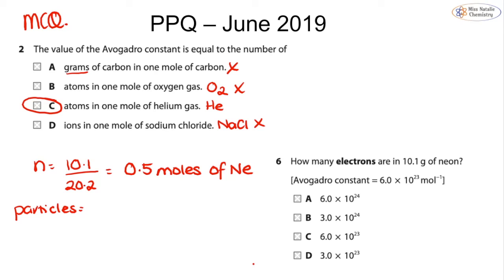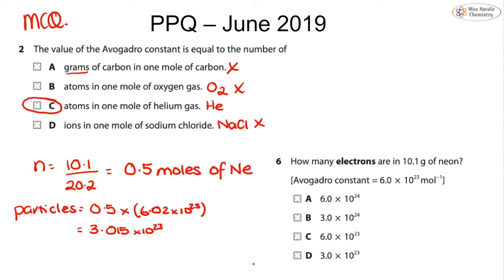Or how many atoms or particles, either one would be acceptable to say. We've got 0.5 moles times Avogadro's number, 6.02 times 10 to the 23. So that's going to give me 3.015 times 10 to the 23.